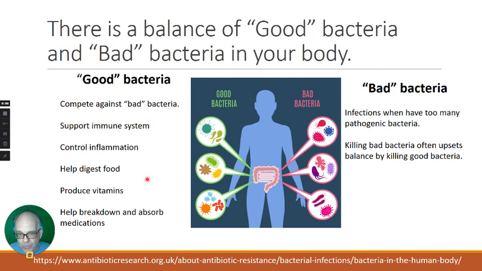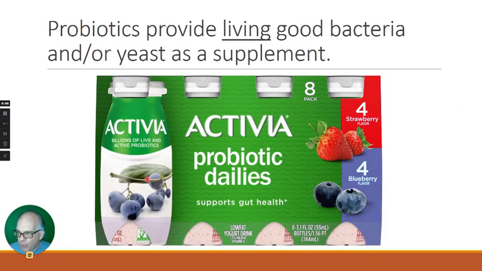And so oftentimes you'll hear us say, well, if you get an upset stomach or diarrhea when you're taking antibiotics, what you need to do is take probiotics, because probiotics are going to provide you with living good bacteria or yeast as a supplement. Again, here's an example, Activia, billions of live and active probiotic, which basically means, hey, we've got these really good bacteria and/or yeast present that we are going to have you ingest, and it is going to be supporting gut health.